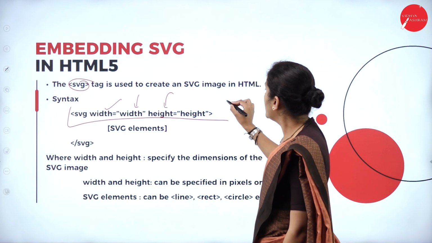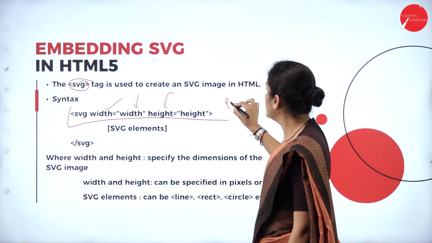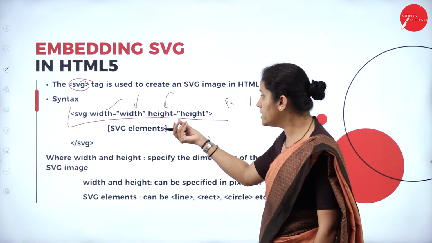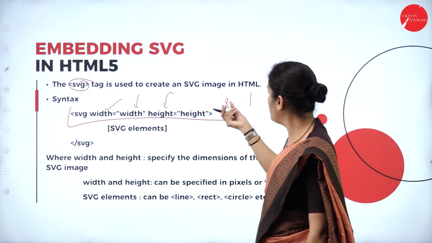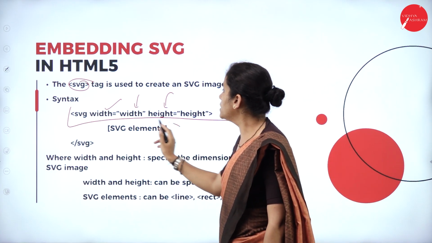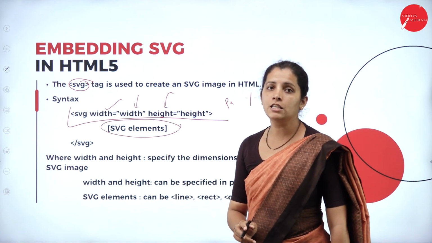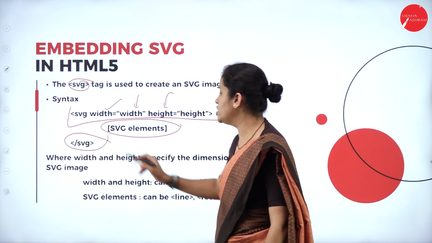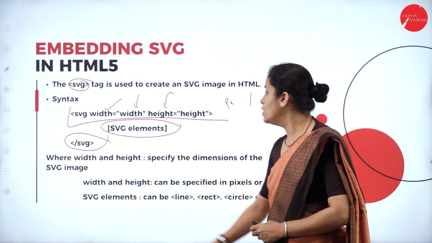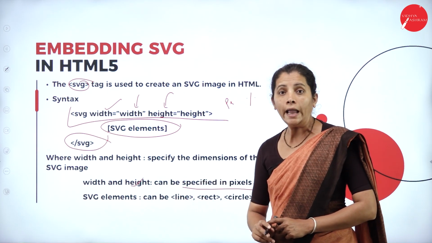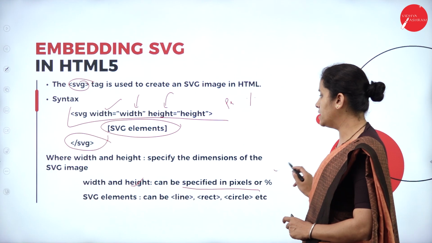I can have pixels, or I can have a percentage. And along with that, I can have the SVG element, and I'm going to close the SVG tag. So here, width and height can be specified in pixels or percentage.